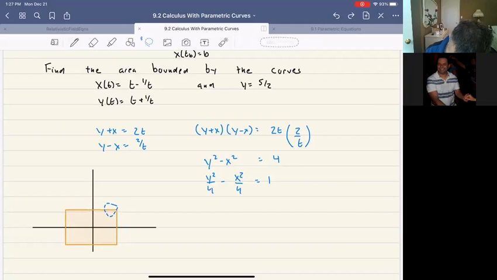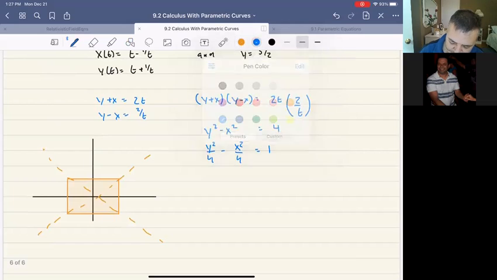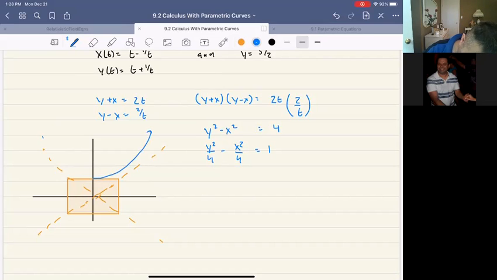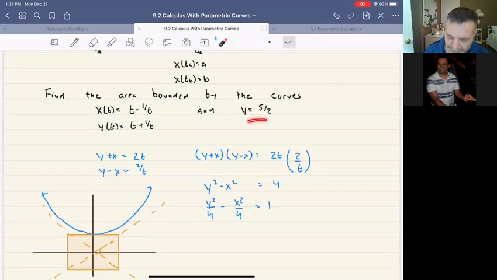Now it's going to go up like so. We really only care about the top half because we're going to be bounding it by the line y equals 5 halves.